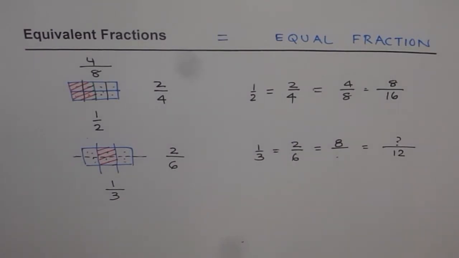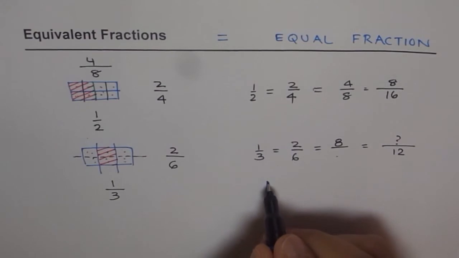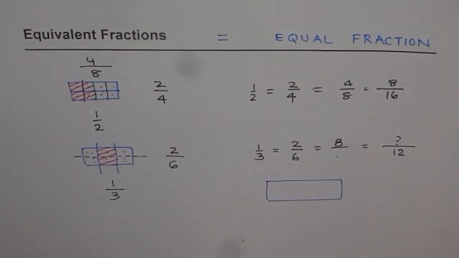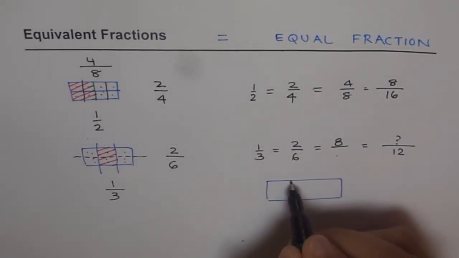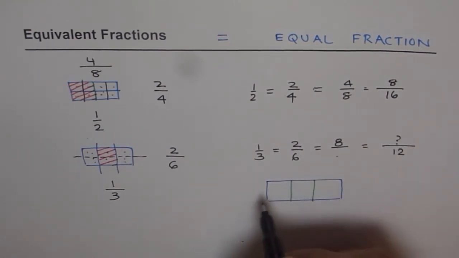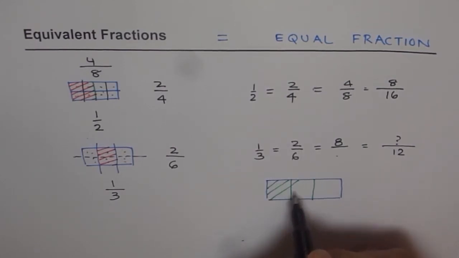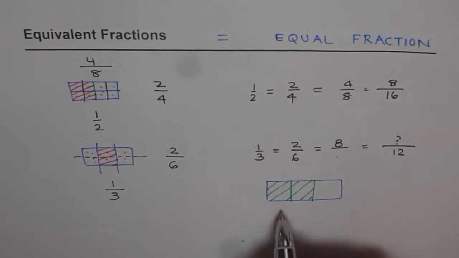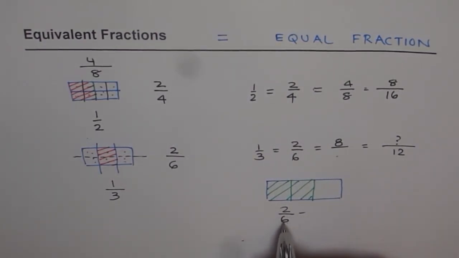As an added exercise, start with a bigger rectangle this time. Divide it into 3 parts again, but shade 2 out of 3. I'll shade them in green: 2 out of 3. So it is 2 out of 3, not 6.